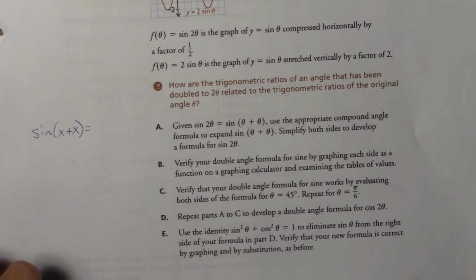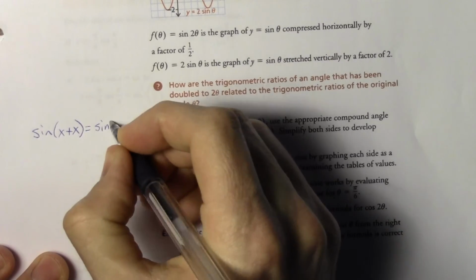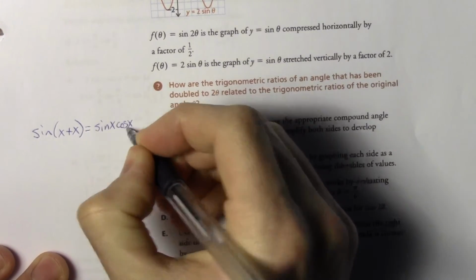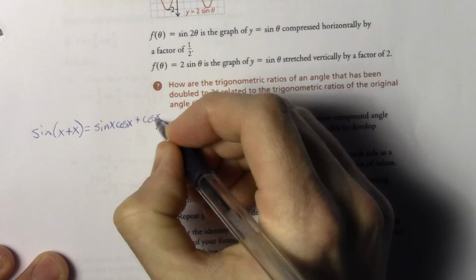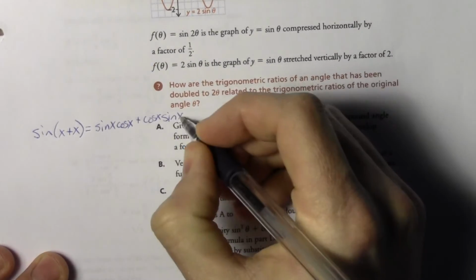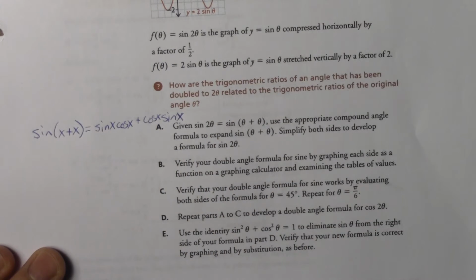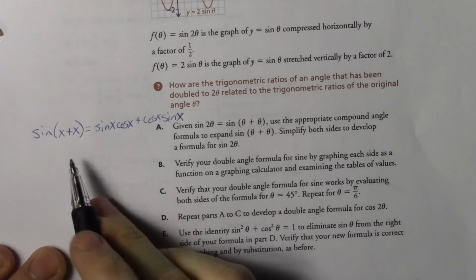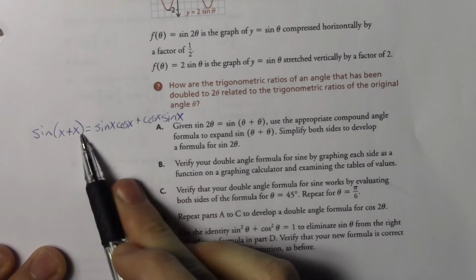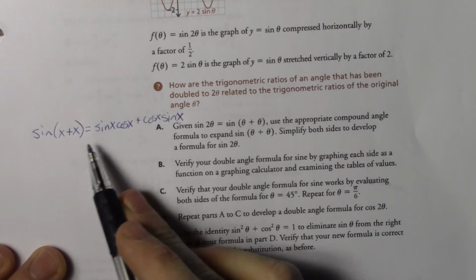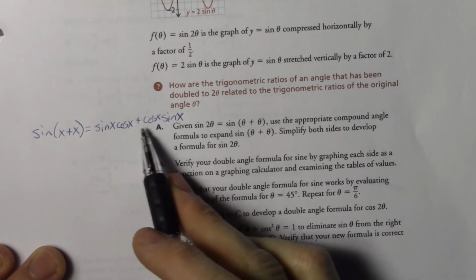Yeah, Gianluca? Sine x cos x. Yep. Plus cos x sine x. Okay, and I hope everyone remembers that, because you're going to have it memorized for tomorrow when we write the quiz. Okay, so remember the pattern is with sine, the trigonometric functions are different, but the sign is the same. So kind of remember that by thinking sine, it sounds the same as sine.